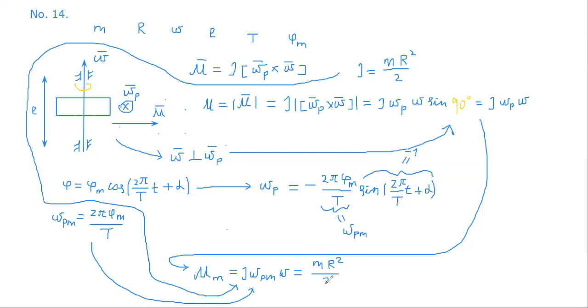divided by 2, multiplied by 2 pi, phi m, divided by the period and multiplied by omega.